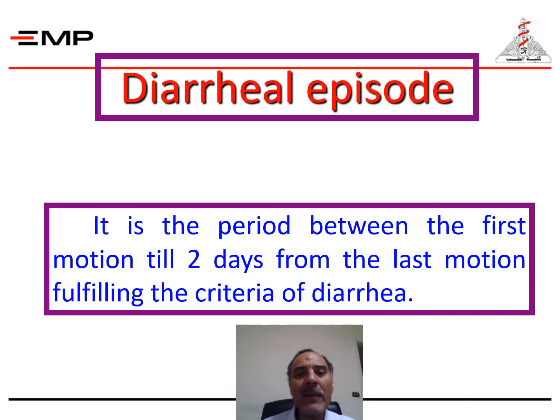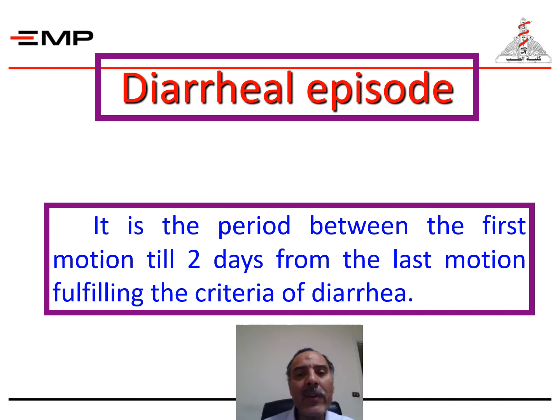Actually, from the epidemiologic point of view, they are using the episode terminology to differentiate between the load of the disease in different countries. For example, in Egypt, the episode rate is 3.6 episodes per individual below 5 years per year. And in some other countries, like in the Far East, China and India, it may reach up to 7 episodes per year per member below 5 years.